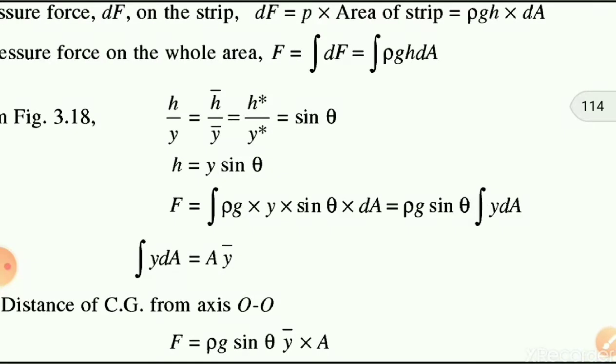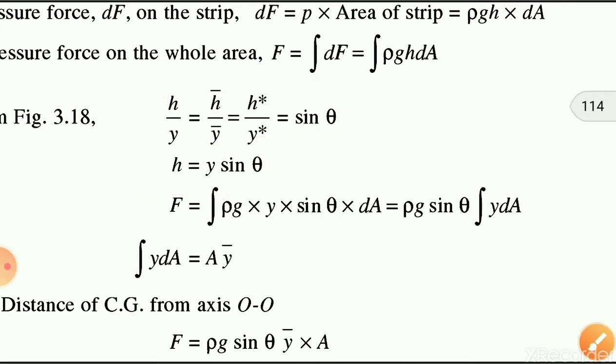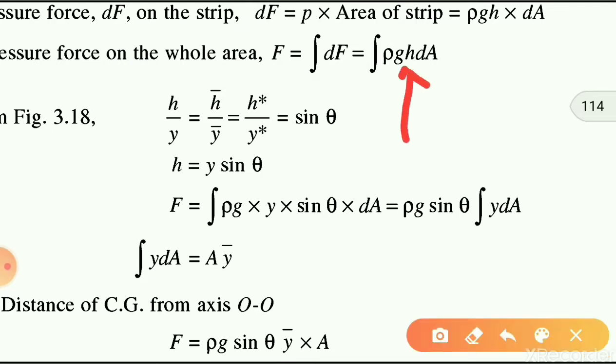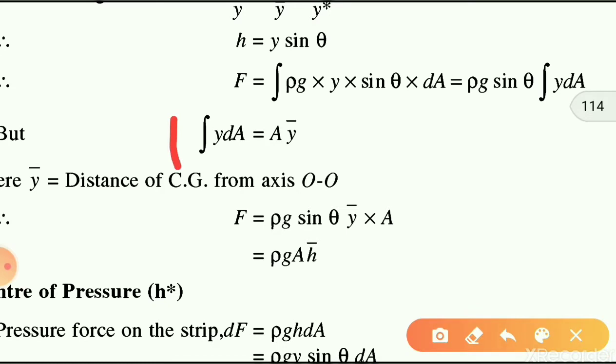Hence from this we can say that h by y is equal to sine theta, and h is equal to y sine theta. If we replace h here with y sine theta, we will get the expression rho g sine theta, as it is constant, times the integration of y dA. So what is this integration of y dA?